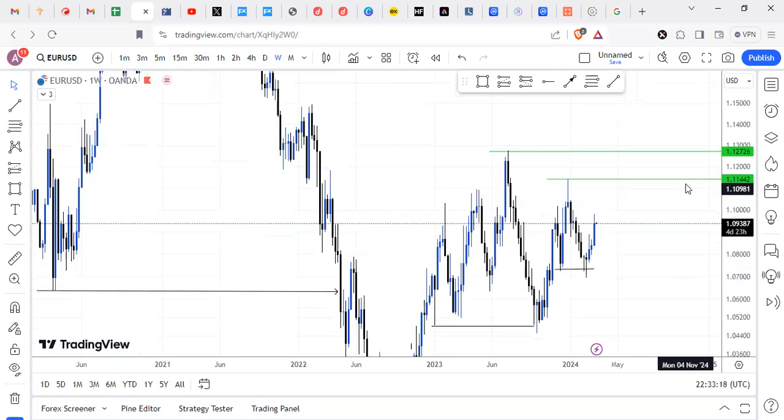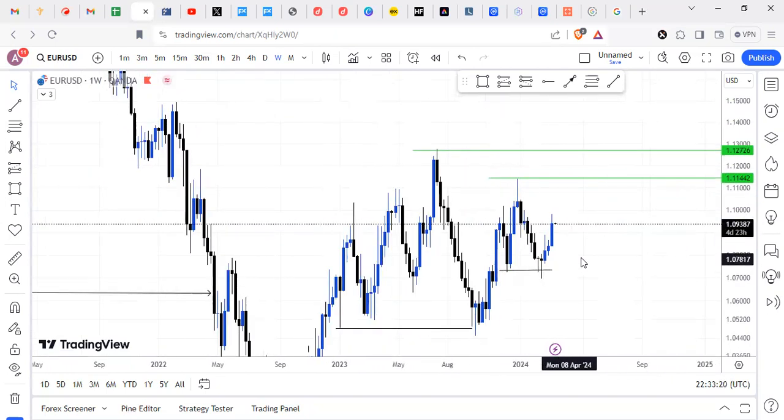So my next draw on liquidity that I'm going to potentially look to target is right here. I'm leaning more on Euro USD being bullish to come and take out this liquidity right here before we potentially see some bearish movement to the downside.